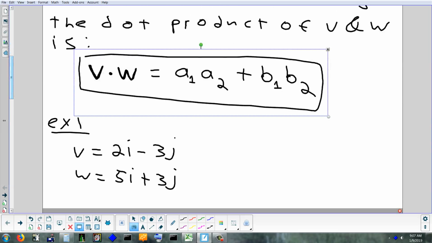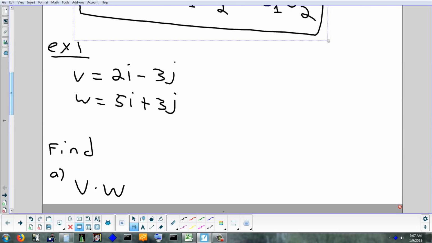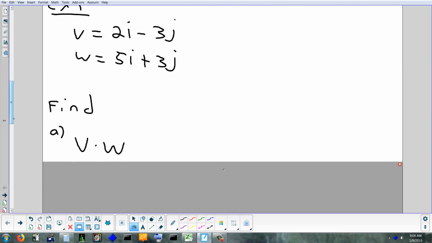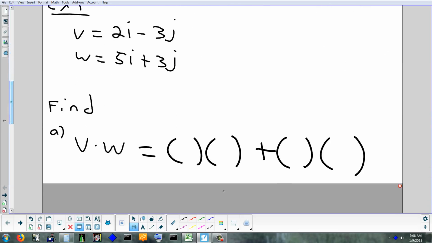Okay, so let's find the dot product between these 2 vectors. 2i minus 3j and 5i plus 3j. Okay, what I usually do first is I just write down something like this. And then I fill in all the values. Right, so Joe, what's the number that's going to be in the first parenthesis? 2.